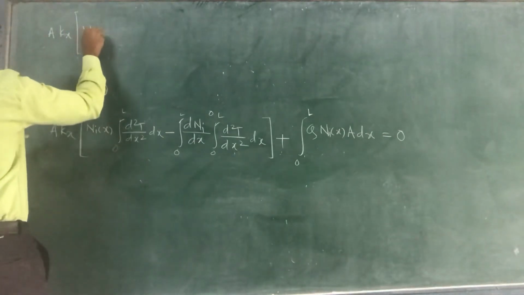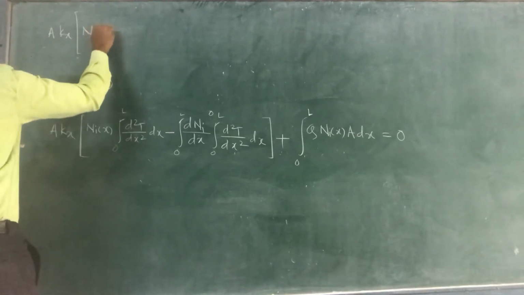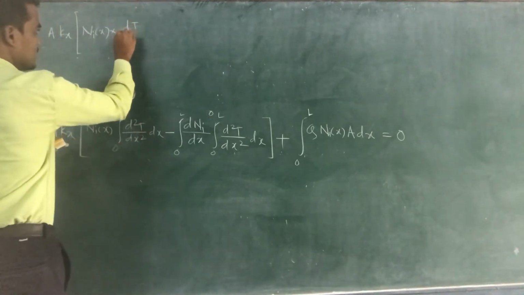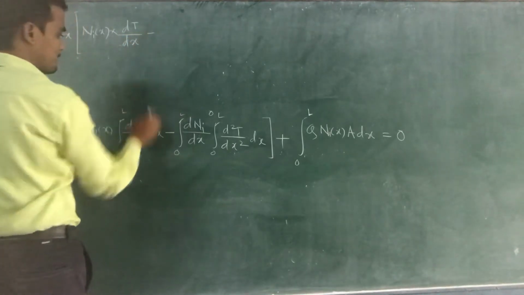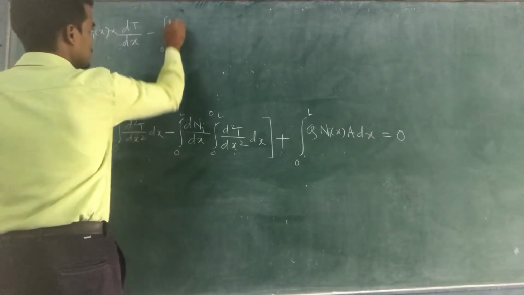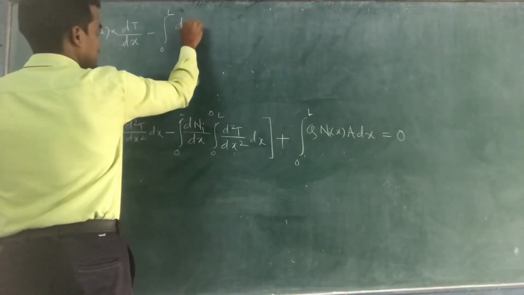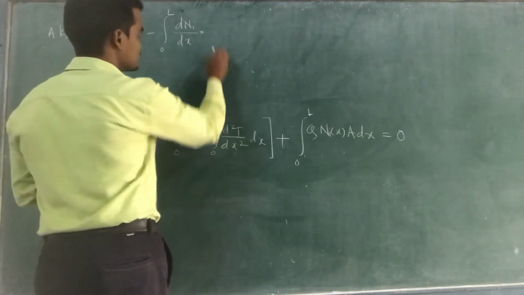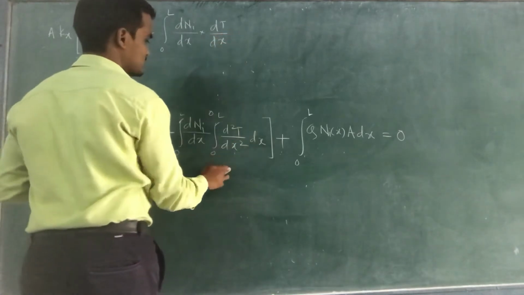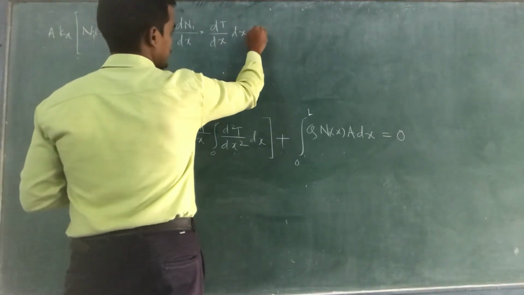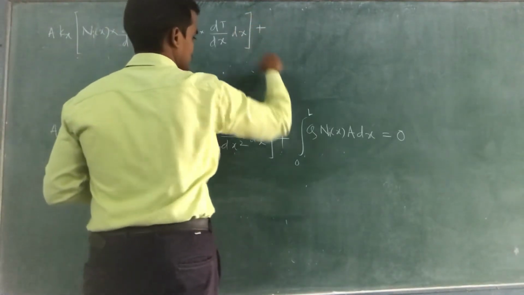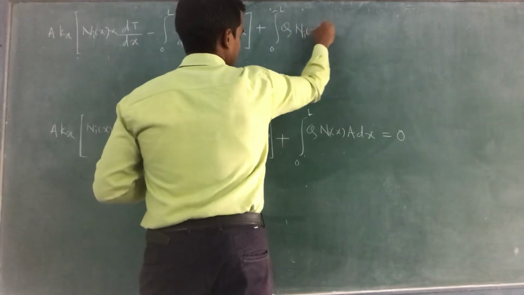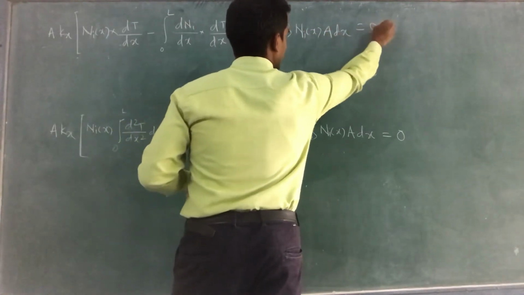Now Ni of x into the integration of d square t by dx square into dx is dt by dx, minus integration from 0 to L of d Ni by dx into the integration of d square t by dx square into dx, which is dt by dx, into dx, plus this remaining integration from 0 to L of Q Ni of x into a dx is equal to 0.